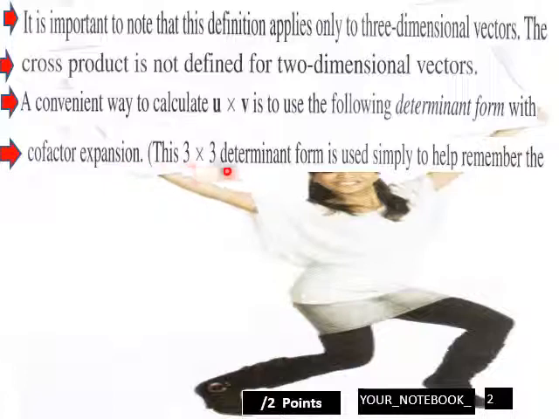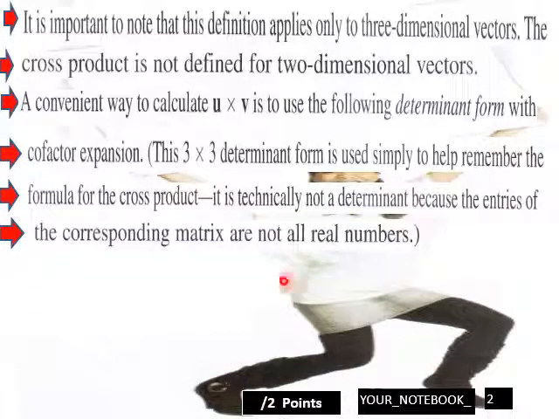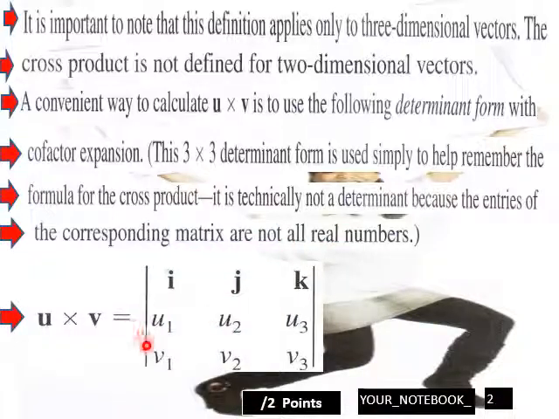This 3x3 determinant form is used simply to help remember the formula for the cross product. It is technically not a determinant because the entries of the corresponding matrix are not all real numbers. But we're going to use it anyway, just as a teaching tool.